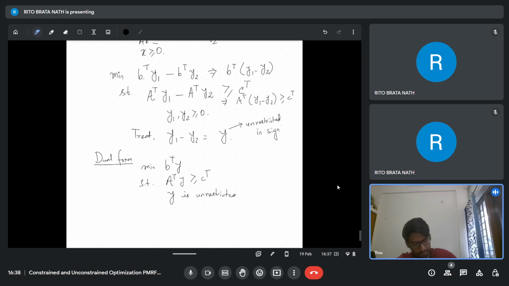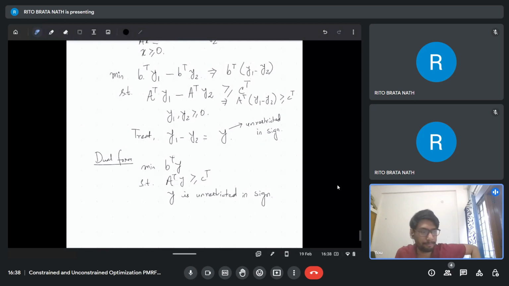So whenever you have an equality type constraint, the corresponding dual variable will be unrestricted in sign, and if some of the primal variables are unrestricted in sign, the corresponding dual constraints will be of equality type. Okay, so that's the idea of conversion in this duality theory.